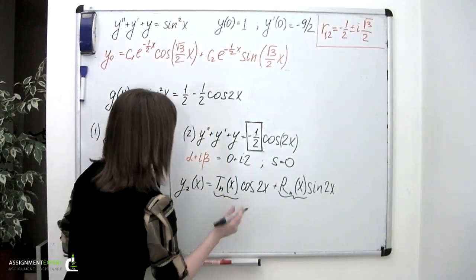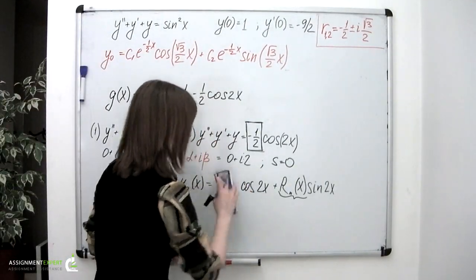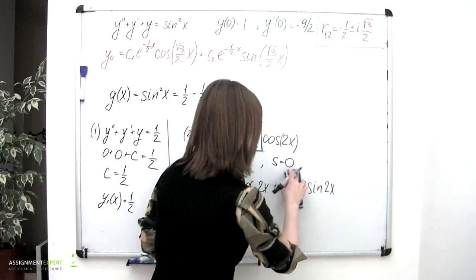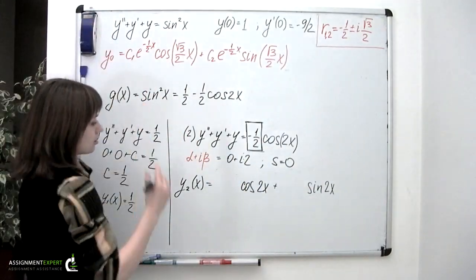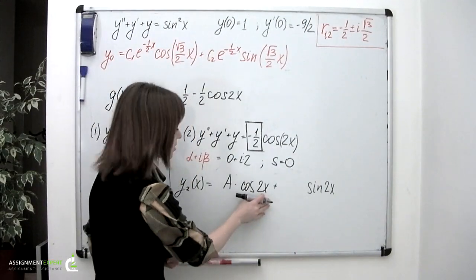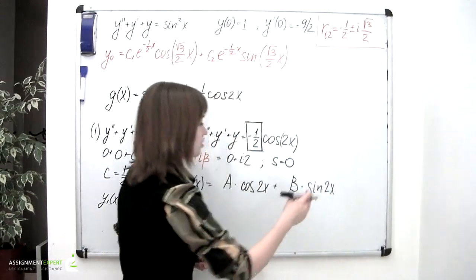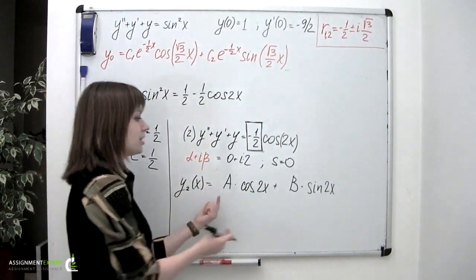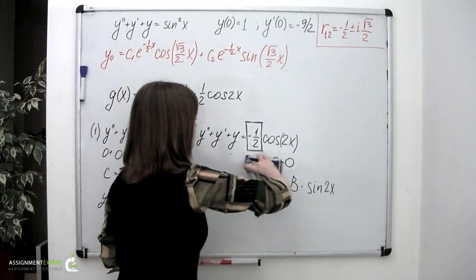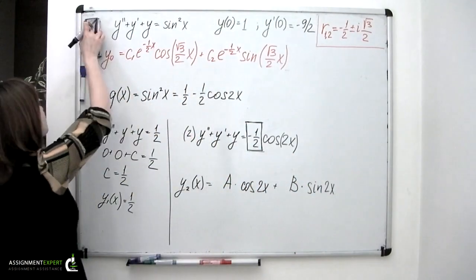So let me put them into this expression. Here we'll have constant a times the cosine of 2x, and here the constant b, multiplied by the sine of 2x. Now we need to calculate these a and b coefficients, and to do this we first need to find the derivatives of this particular solution.